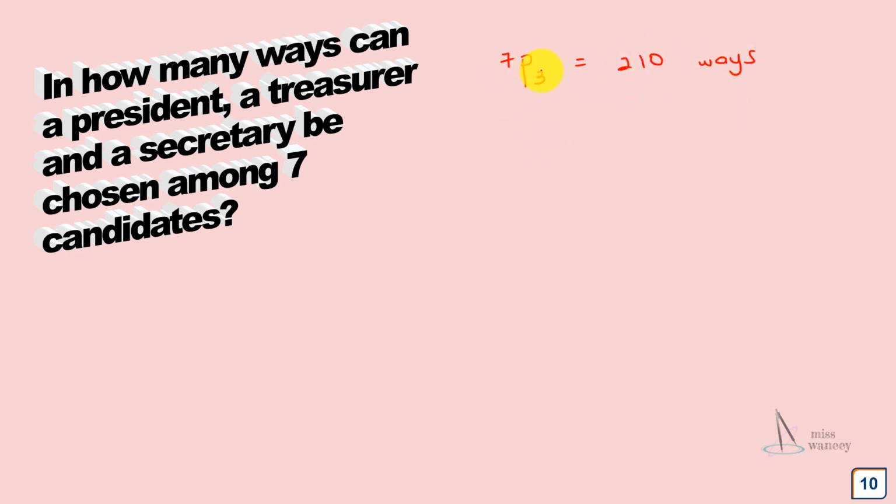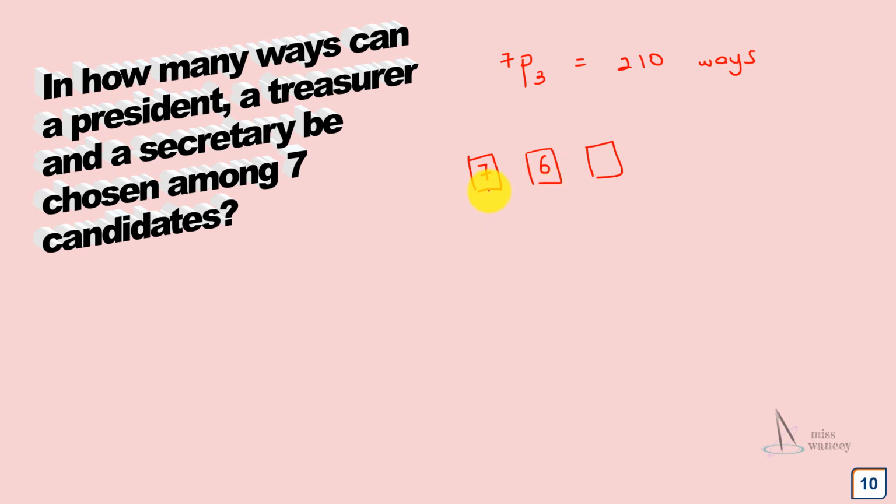So if you don't want to use 7P3, you can do 3 boxes. Since we have 7 candidates, we have 7 choices for the president. And once we have chosen one person to become the president, we are left with another 6 choices for the treasurer.